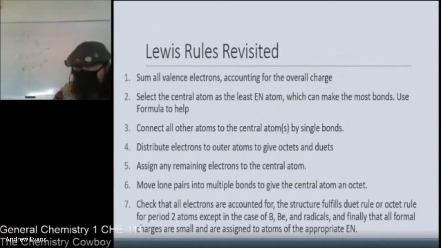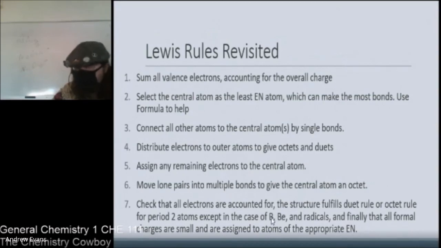So what really got changed is step 7. Previously, we checked that all electrons are accounted for, and that we have the octet and duet rules. But now it's: is the center atom period 2? If it's period 2, does it have an octet or less?